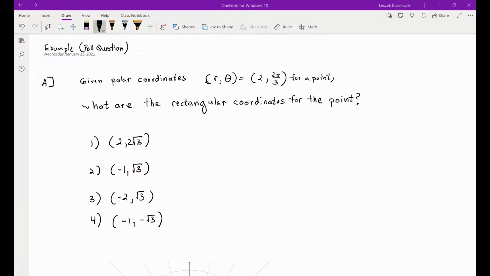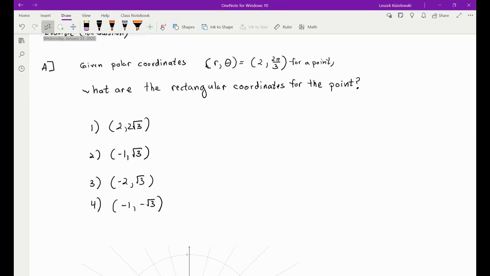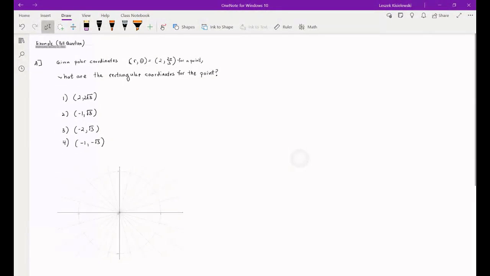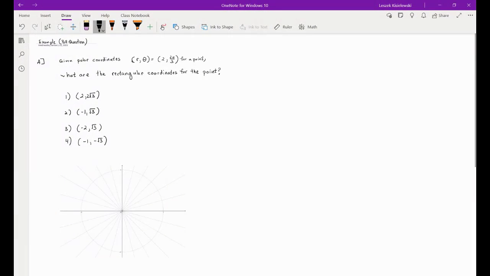We're getting a good number of responses, and it looks like there's a popular choice. Now, which quadrant is this point in, first of all? If we start with the positive x-axis, we know our angle is 2 pi divided by 3, so 2/3 of pi.